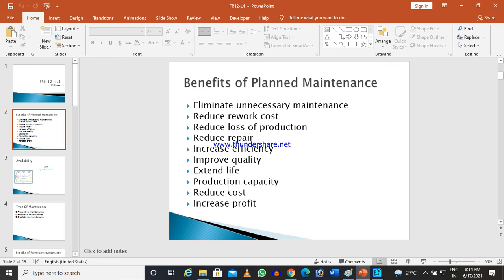But if you do the plant maintenance, you can extend it further. If a breakdown occurs suddenly, you have to arrange everything suddenly, so it is a matter of cost. In case of plant maintenance, you can reduce the cost. So overall, if you consider these things, it will increase the profit.